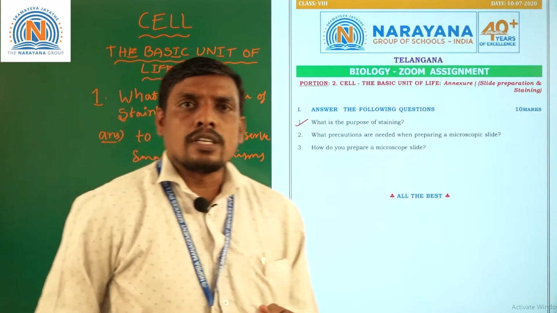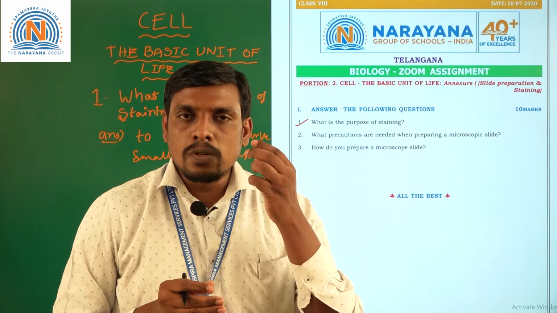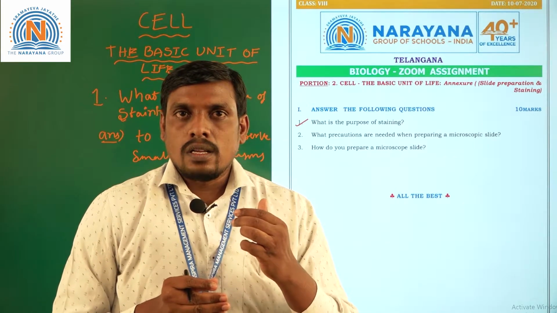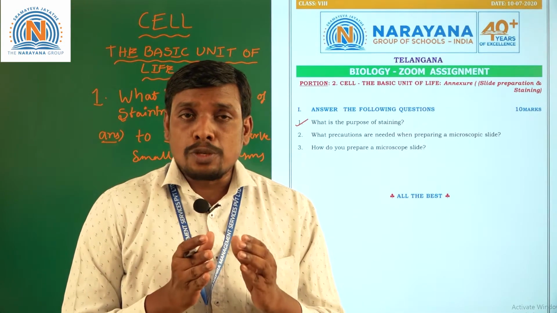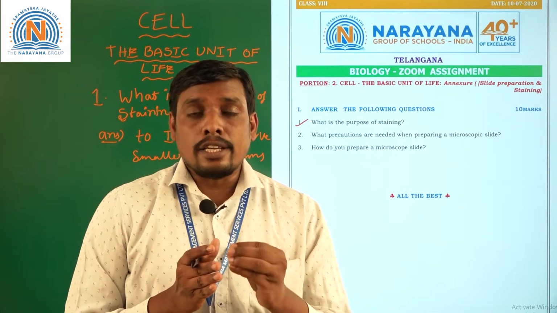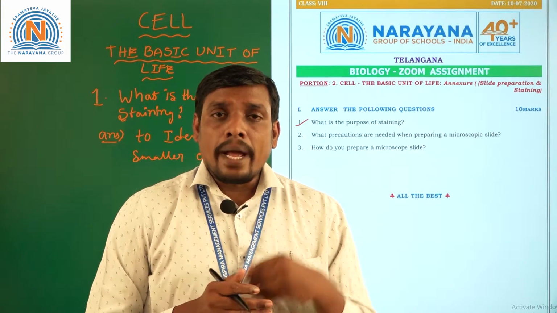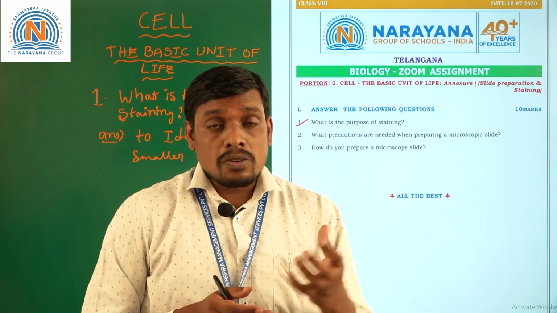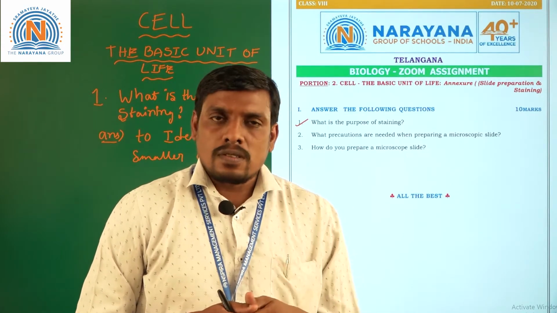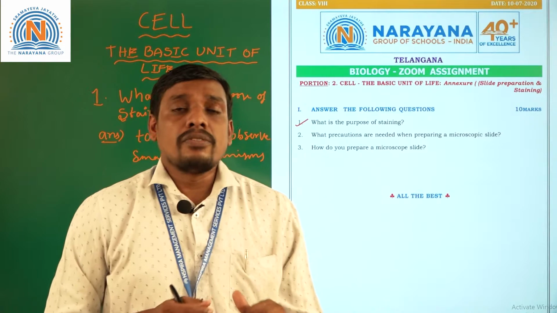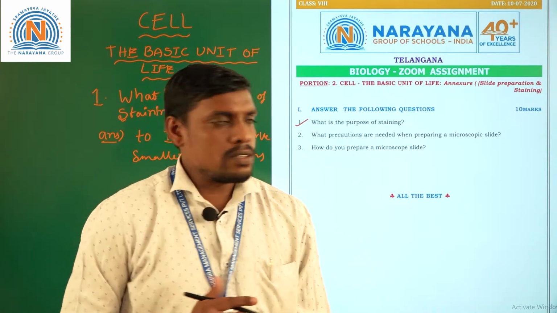What are smaller organisms? The microscopic organisms which are not visible to our naked eye. If you want to see them, we need to go for the staining process. Purple sulfur bacteria, by adding purple color, are visible under the microscope. So the staining process helps in identifying microscopic organisms that are there in our surroundings.